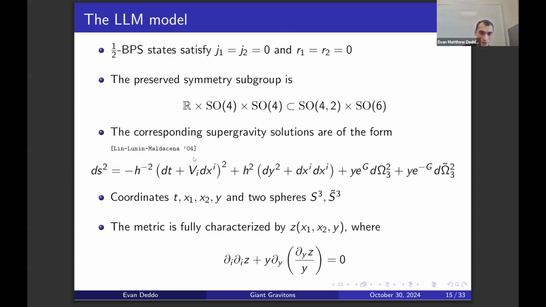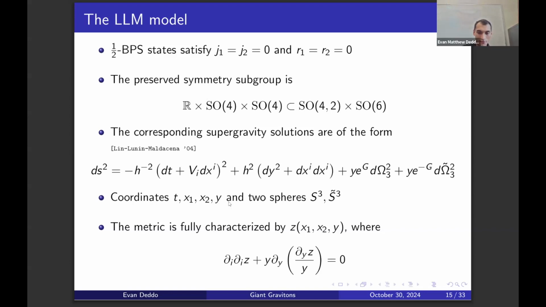And then Lunin and Maldacena found this parameterization of all solutions that satisfy the symmetry. Again, we have the three spheres here, which correspond to these symmetries, S3 and S3 tilde. And then we also have four more coordinates, t, x1, x2, and y.